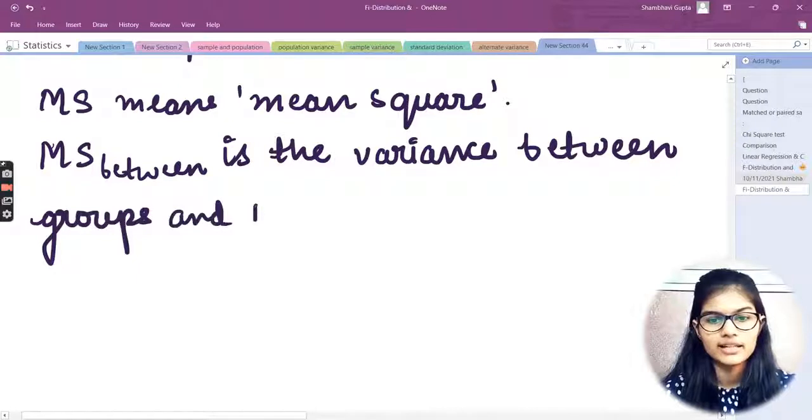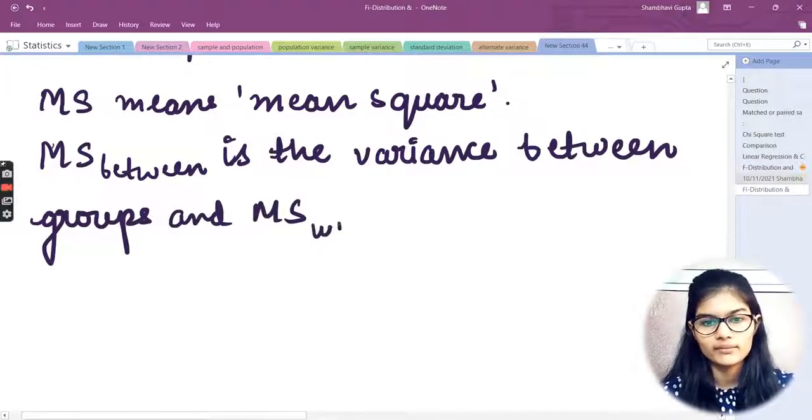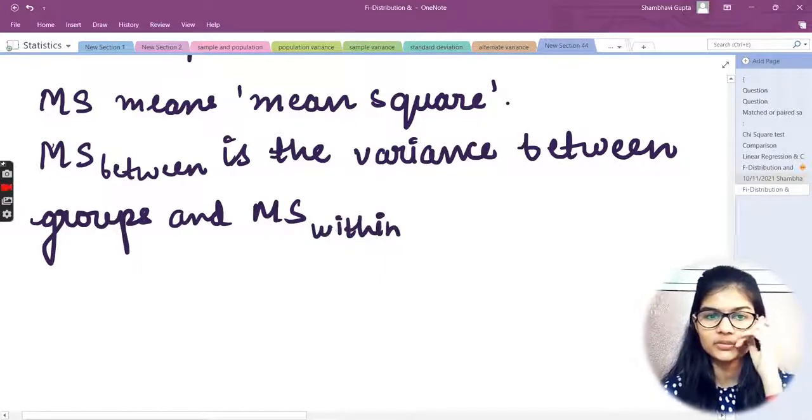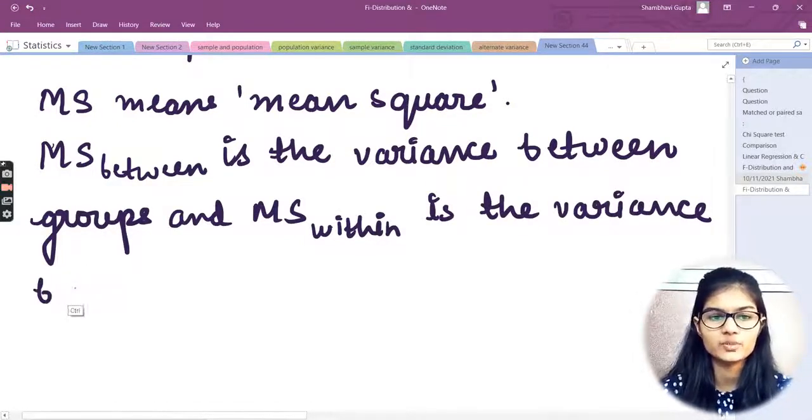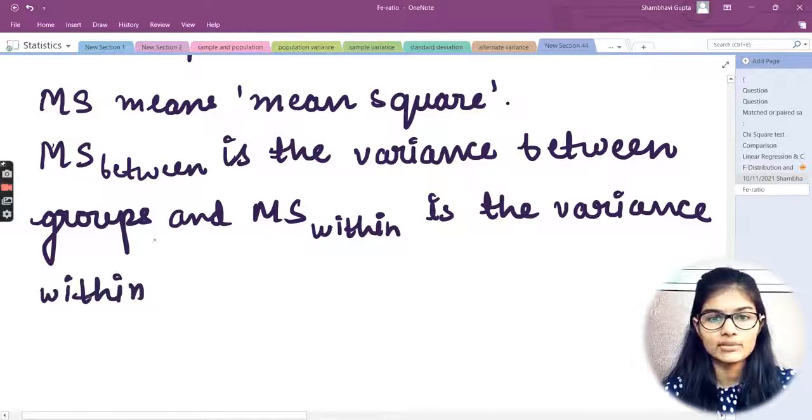MS between is the variance between groups, and MS within is the variance within the groups. I said between at first, sorry, it's the variance within, because between is almost finished, since we discussed it above. So MS within is the variance within the groups.